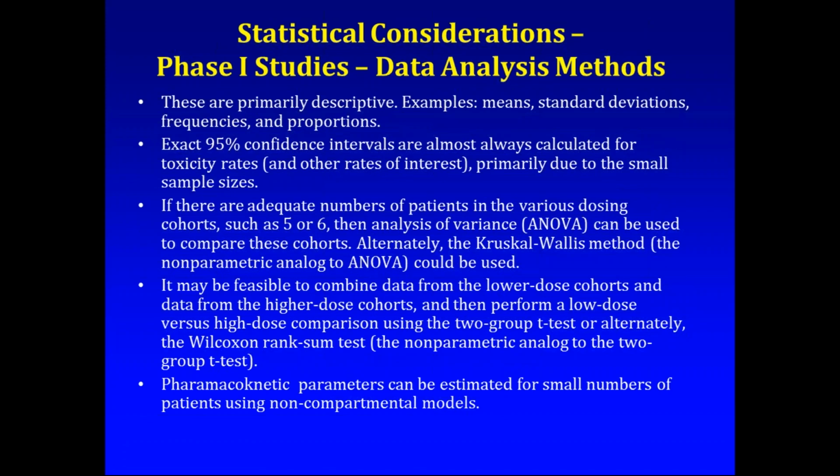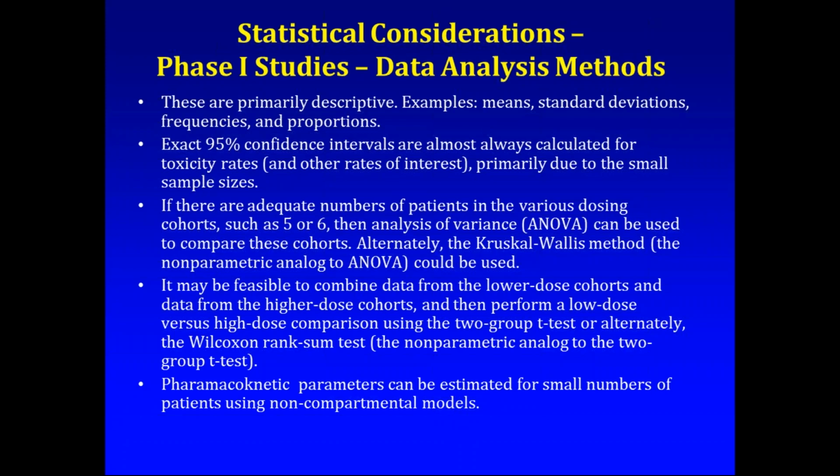In terms of data analysis methods for phase 1 studies, they're primarily descriptive, so it's always appropriate to compute frequencies and proportions when we're looking at rates, and for parameters that are measured in serum, we can always compute means and standard deviations as well. It doesn't matter how the data are distributed or how much they jump around.